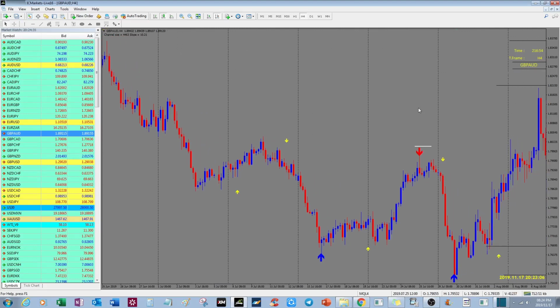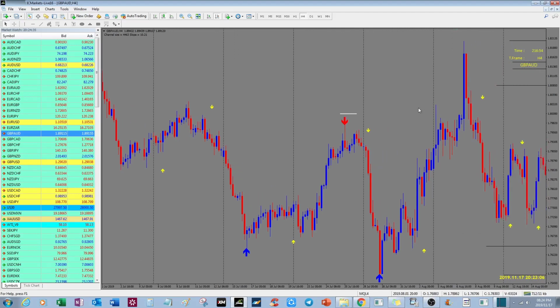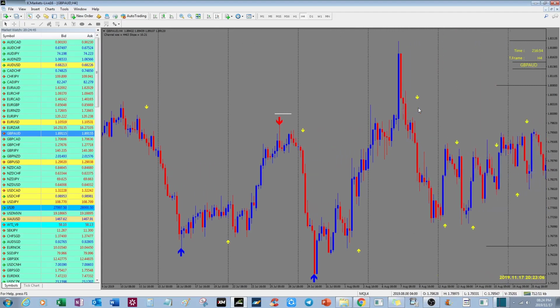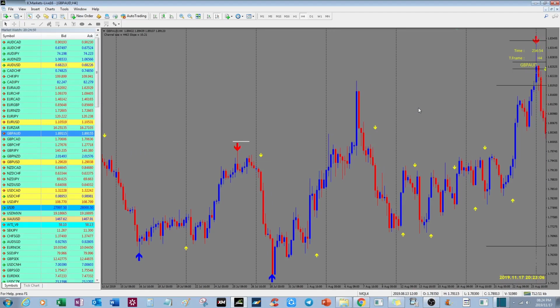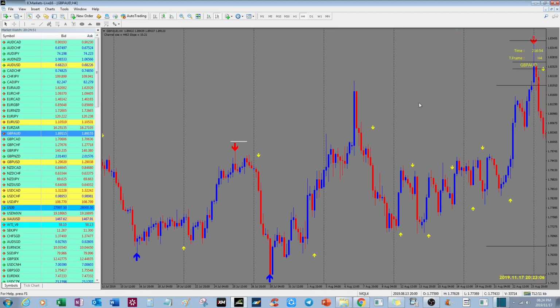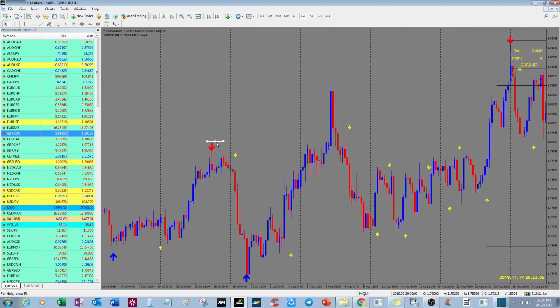Let's go to another. Still we see another big arrow here. There we go, little arrow. So basically, we would have taken this trade. Sorry, we would have put our stop loss there, and say the entry was probably here.